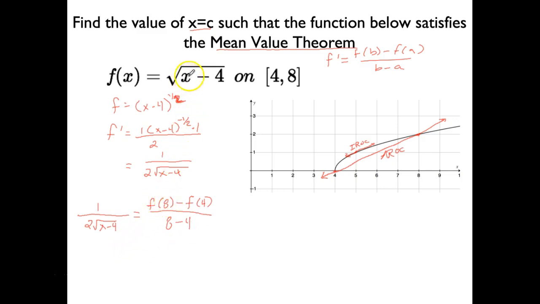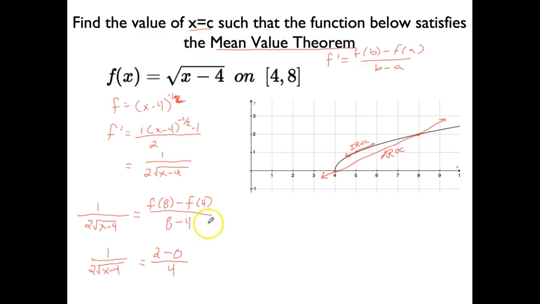If you plug in 8, 8 minus 4 is 4. The square root of 4 is 2. Let's just check that: at 8, yeah, the y value is 2. At 4, plug in 4. 4 minus 4 is 0. Square root of 0 is 0. At 4, yeah, the y value is 0. We're doing good. Divided by 4 equals our average rate of change.